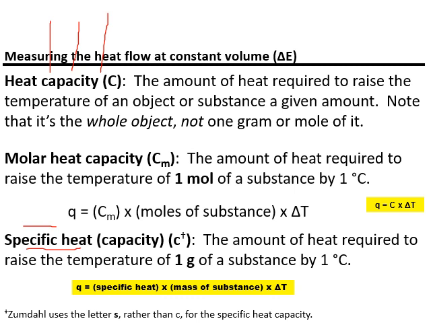For example, if the coffee cup had a heat capacity of let's say 500 joules per degree, and you want to raise it 4 degrees, you'd multiply 4 times 500, and that would give you 2,000 joules you'd have to put into it. So the heat capacity typically is going to refer to the container, or what we call the calorimeter.